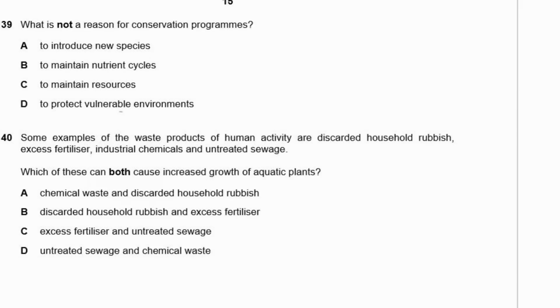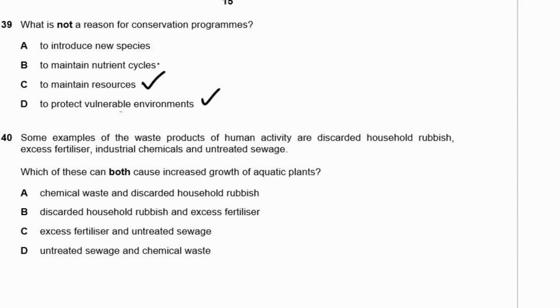Question 39. What is not a reason for conservation programs? Conservation programs are to conserve environments and organisms. Is it to introduce new species, maintain nutrient cycles, maintain resources, or protect vulnerable environments? Well, protecting vulnerable environments, yes. You can protect them by conserving the environment or the organisms. Maintain resources, yes. You can maintain water cycles, the water resources, some of the plant resources.